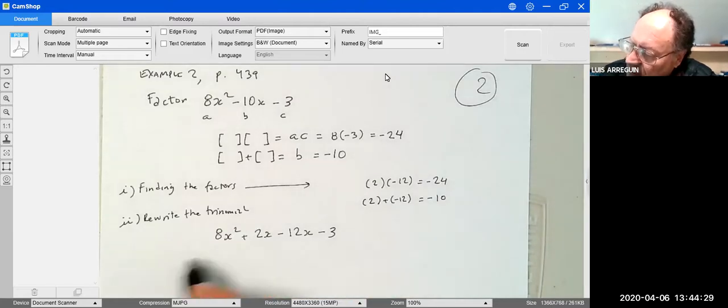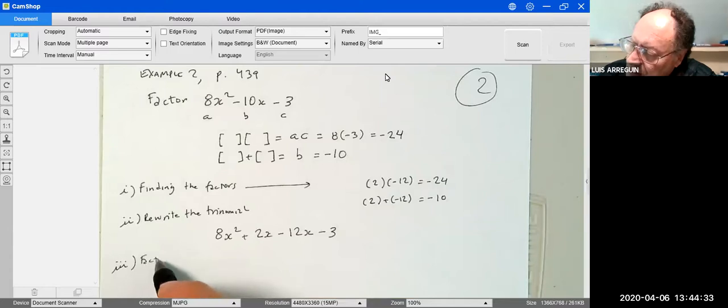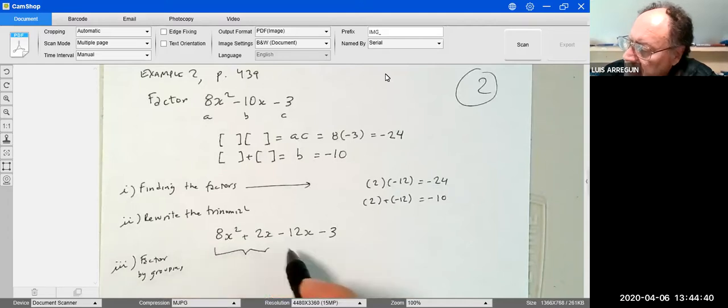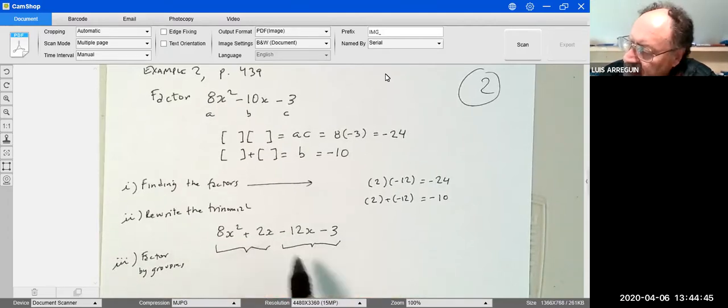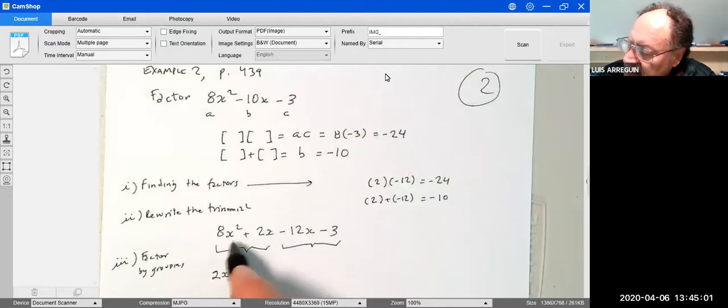Now I'm going to factor by grouping. Factor by grouping is just having two groups. My first group is this, my second group is this one. What is the greatest common factor for the first group? 2 is going to be the number that divides both coefficients, and x is going to be the variable that divides both terms.